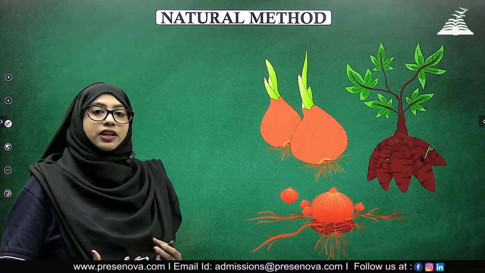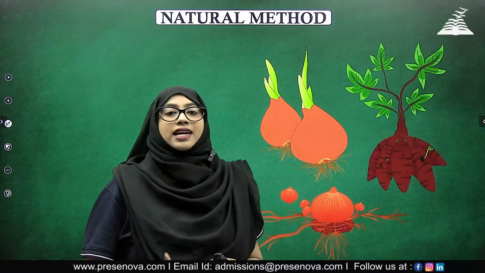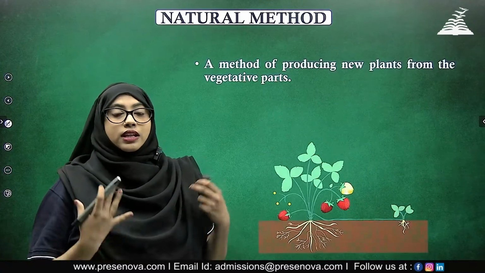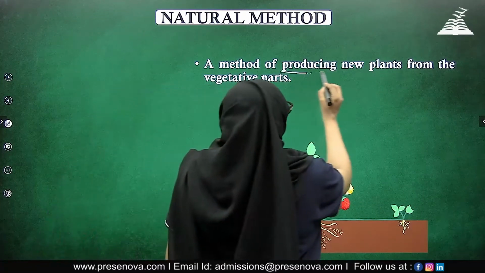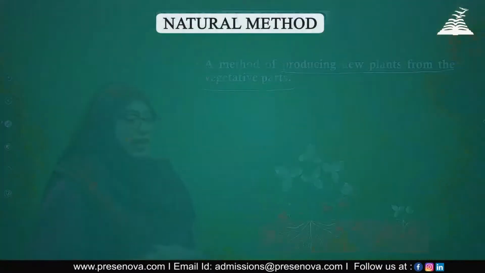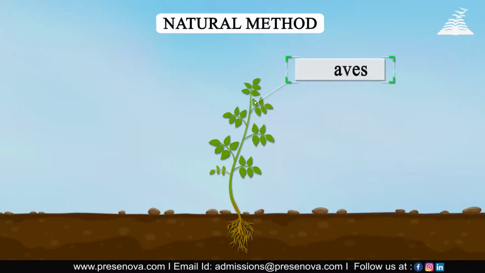The natural method of vegetative propagation can take place by the vegetative parts alone. So here the plant produces a new plant from vegetative parts, that can be a leaf, it can be a stem, or it can also be a root.